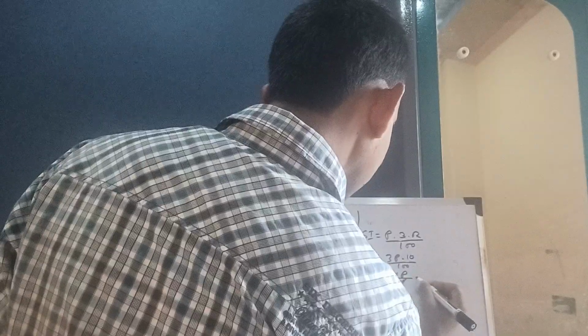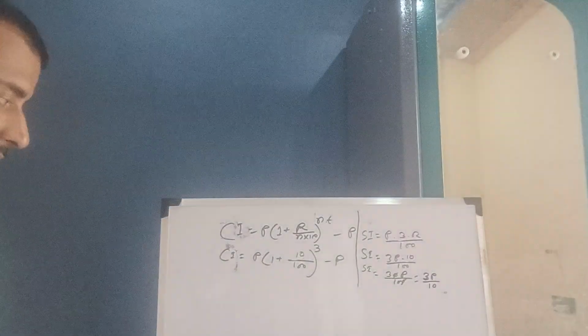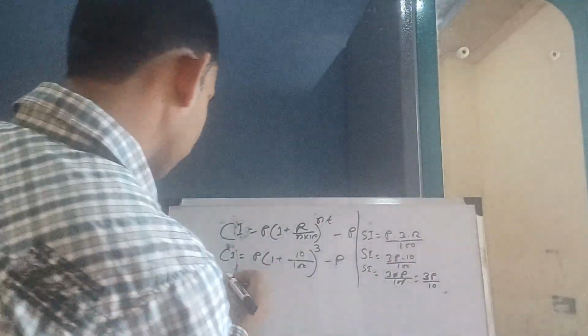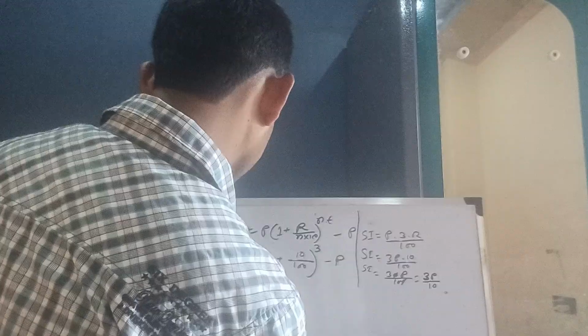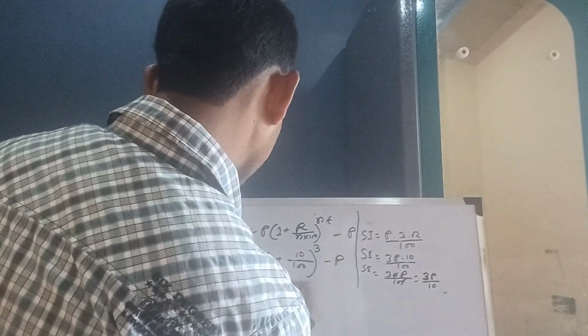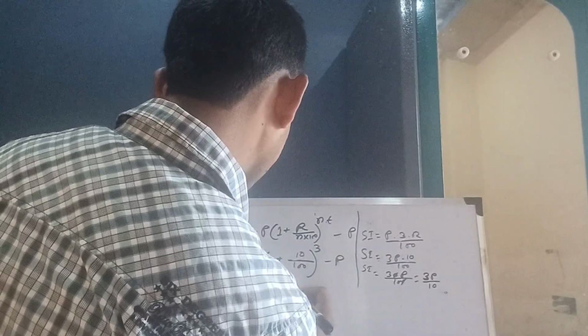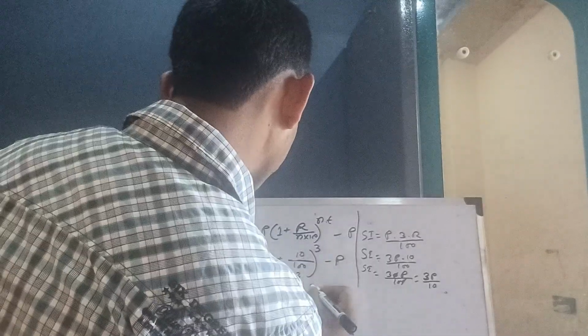Cancel 10, it equals 3P by 10. This also becomes CI equals P into (1 plus 1 by 10) cube minus P.